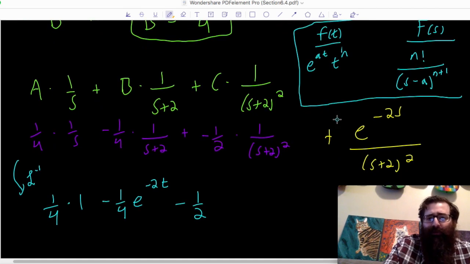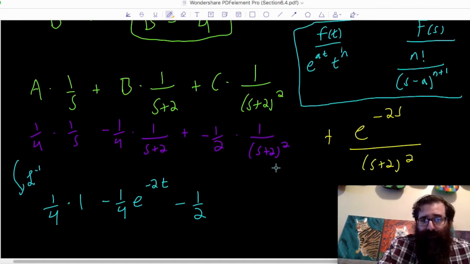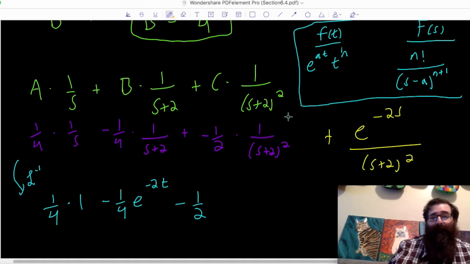And it might be tricky to see right away, so we get some practice with these. What I'm looking at here, I have a 1 factorial, and then I have stuff to the power of 1 plus 1, so that means n is 1. And what would a be? Well, it would be negative 2. So if I can see that and make the connection, say, okay, 1 factorial, we have the power of 1 plus 1, which is 2, so n is 1. So I get t to the first. And then e to the at, well, a would be minus 2. So e to the minus 2t, and then times t.